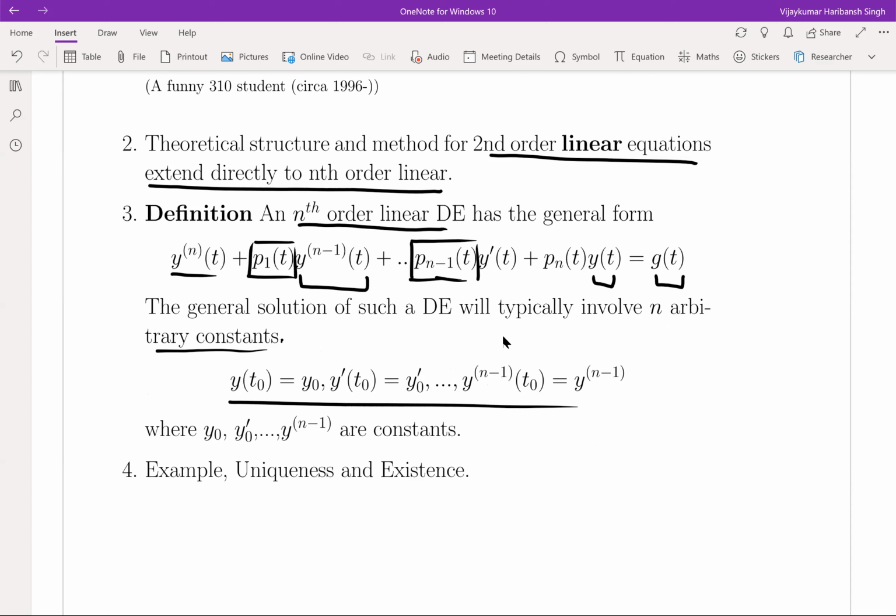Because when you do this, you'll get a system of n equations with n unknowns, a linear system, and you'll be able to solve it.